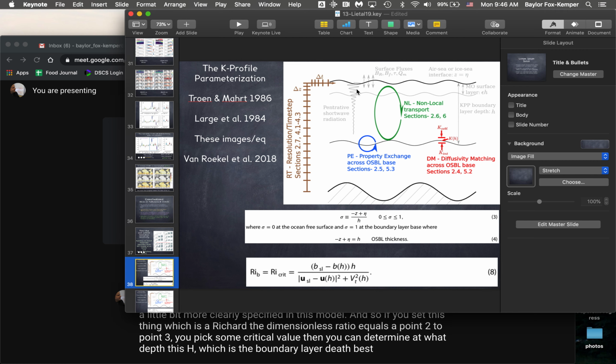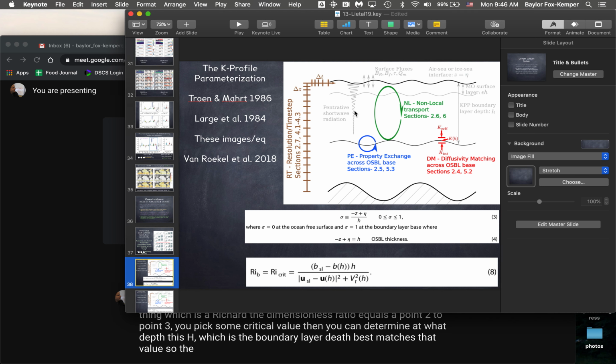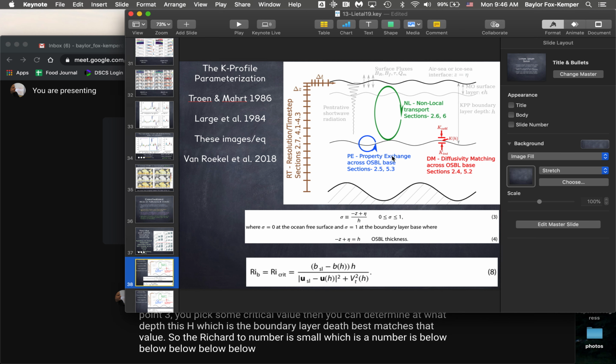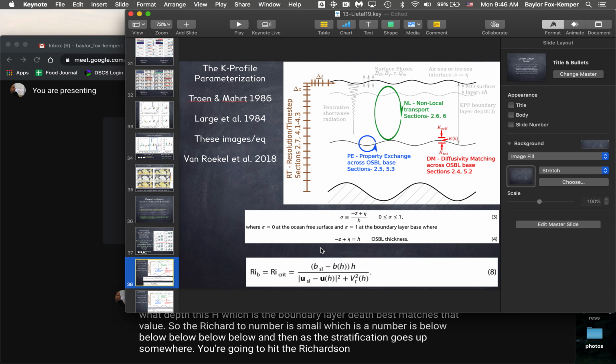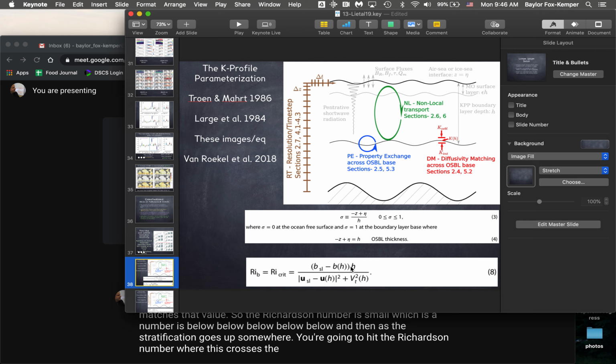So the Richardson number is small, and then as the stratification goes up, somewhere you're going to hit the point where this crosses the critical threshold, and that's how you choose the boundary layer depth.